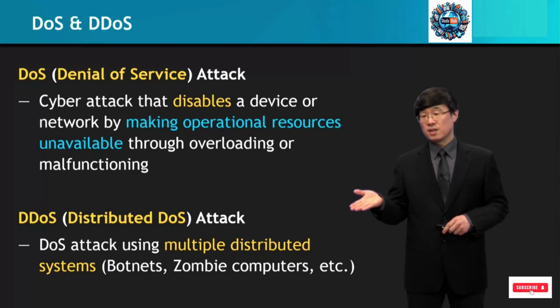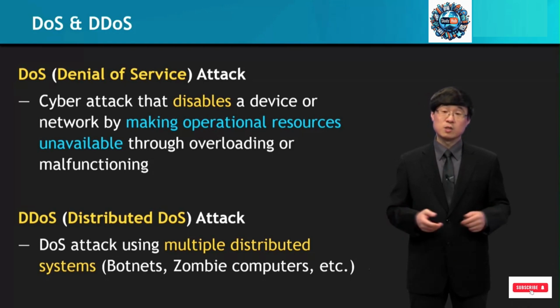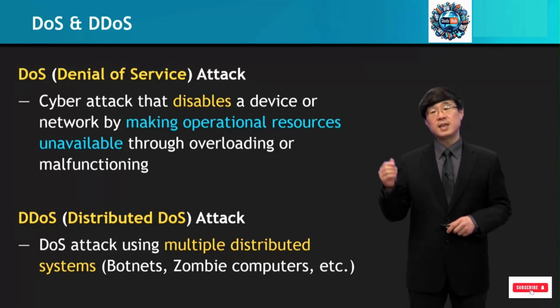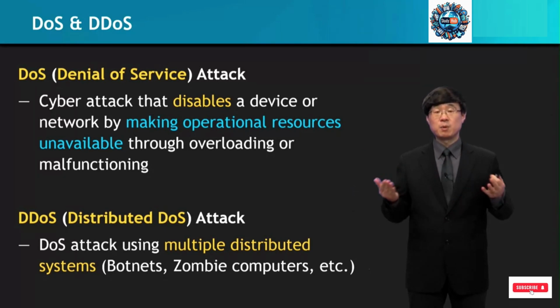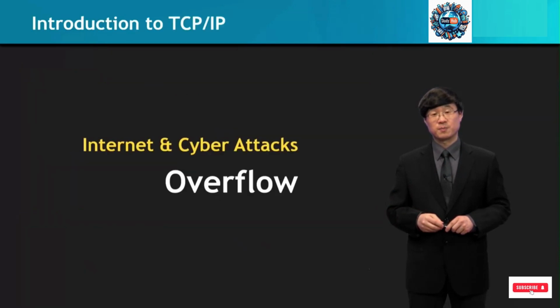In here, the DoS attack is made by using multiple distributed systems, which are botnets or zombie computers or other types of computers that are contaminated with malware. Now, these DoS and DDoS attacks are enabled by other types of technologies that are combined together. I'll explain some of them in the following descriptions.